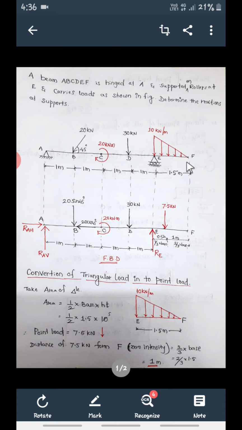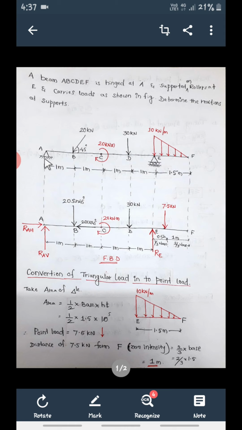Since the beam portion is extended on one side, it is called a single overhanging beam. Suppose even after support A the beam is extended, then it is called a double overhanging beam. In this case only after support E the beam is extended, so this is a single overhanging beam.